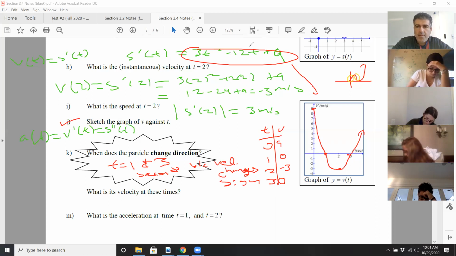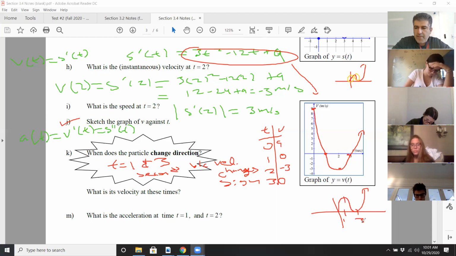If I redo the graph of the original, I'll do it one more time down here. Obviously it changed at 1 and changed at 3, right? It was going away, then it's going back, and it's going away at 3. But the velocity graph could be a little bit more revealing, because you see at t equals 1, it was positive velocity, now it's negative velocity. And at 3, it's negative velocity, now it's positive velocity.